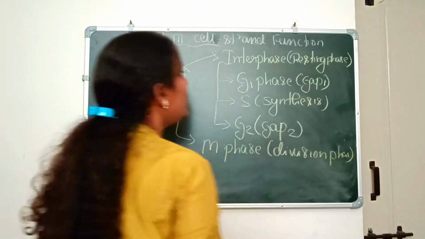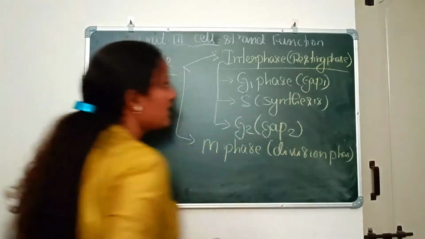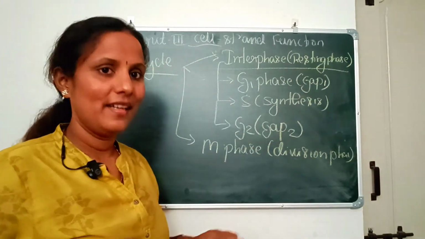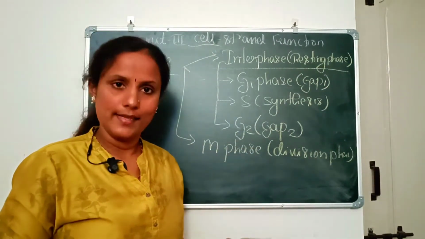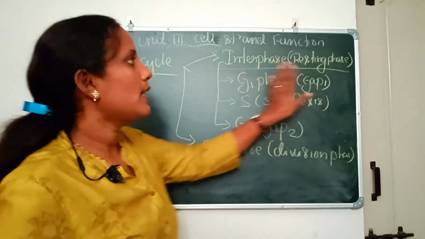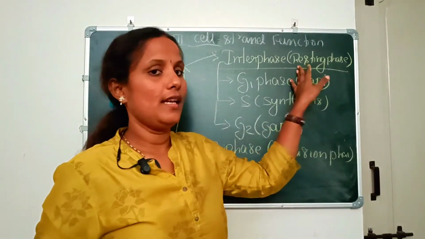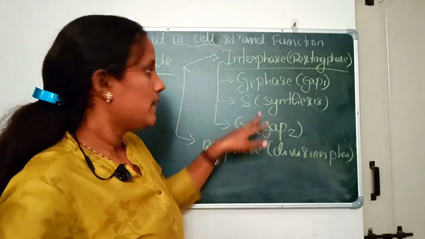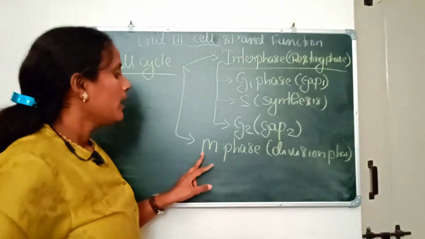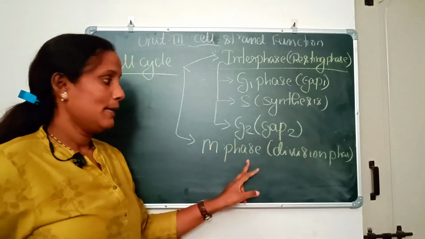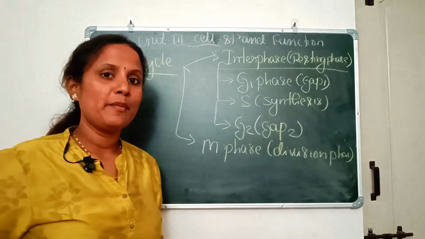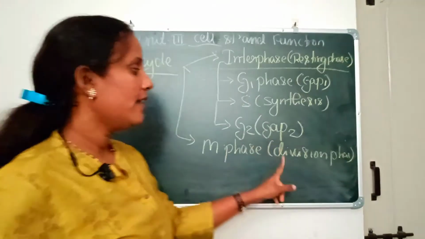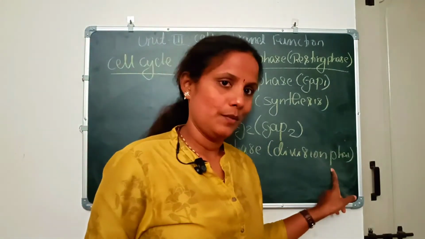That means during interphase, the cell is not dividing. It will be at rest. Even though we call it the resting phase, there are various events taking place. We shall discuss them here. But during M phase, the cell will not be at rest. It will be in a division condition.